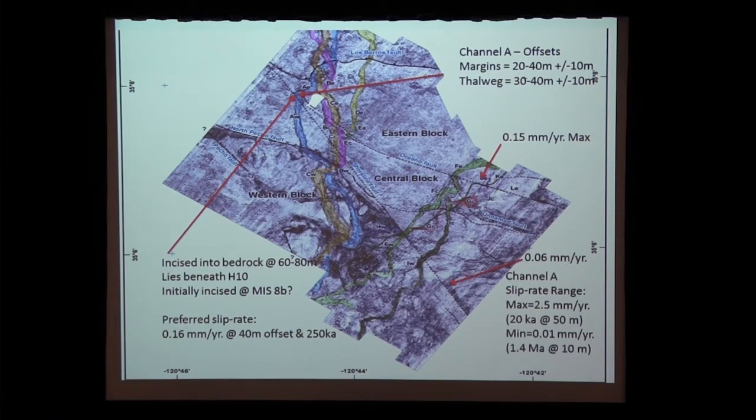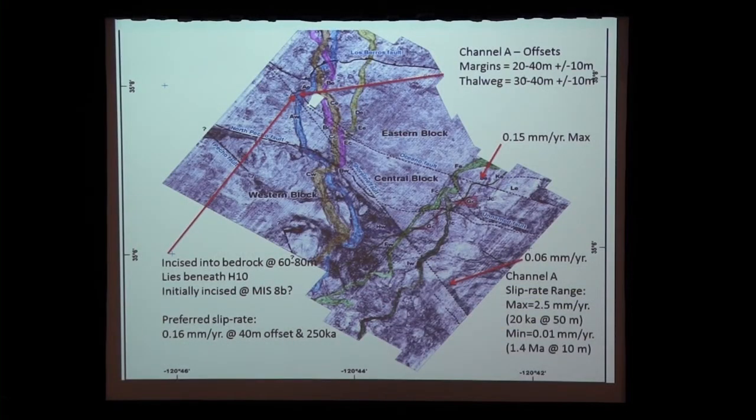And then the plus or minus 10 meters is on each of those two values? Each of those, yeah, plus or minus 10 meters. And then the Thalweg is a range also, 30 to 40, plus or minus 10. So is that 20 to 50? When you say 30 to 40 meters of offset, plus or minus 10 meters, right, so it's the full range.